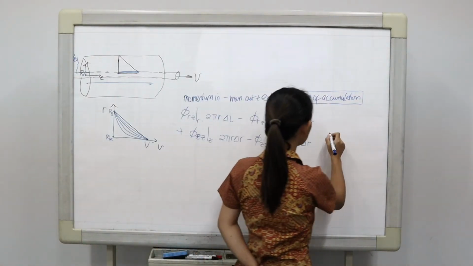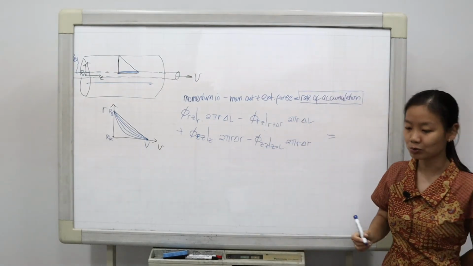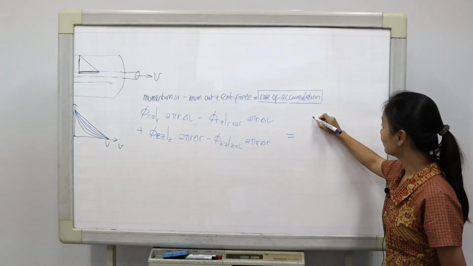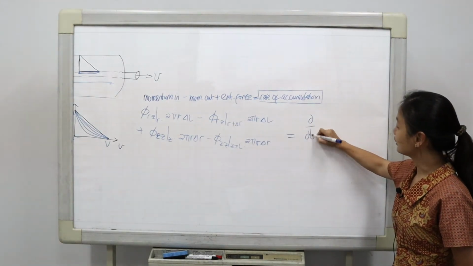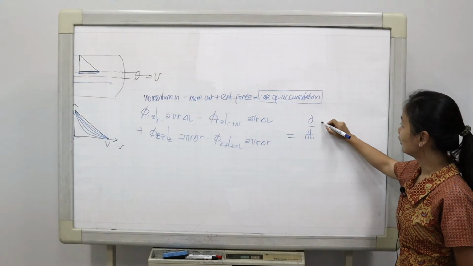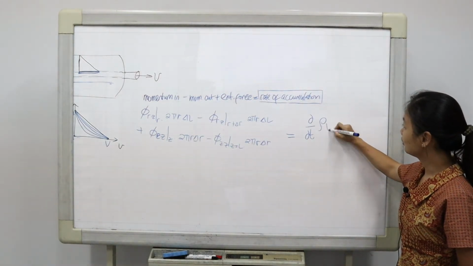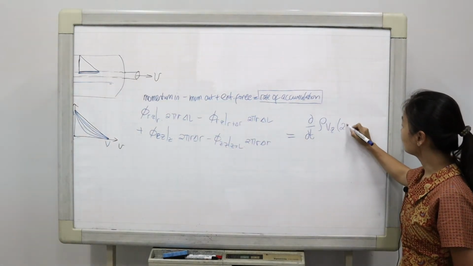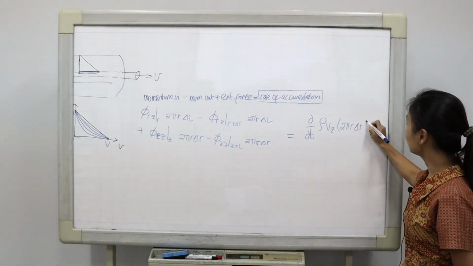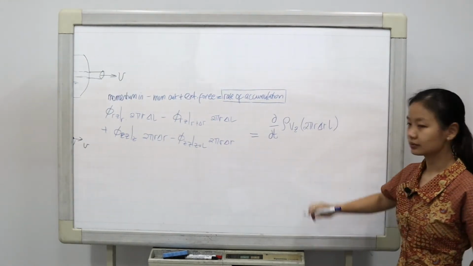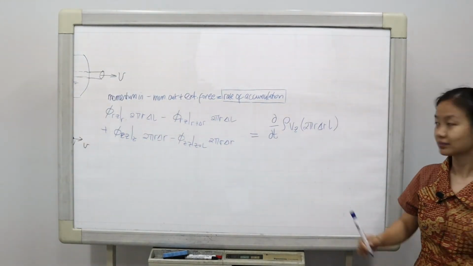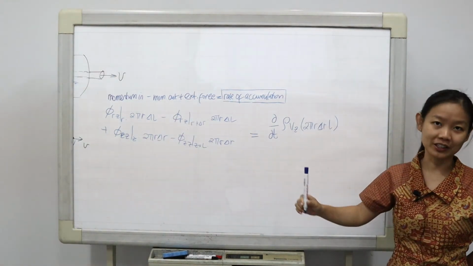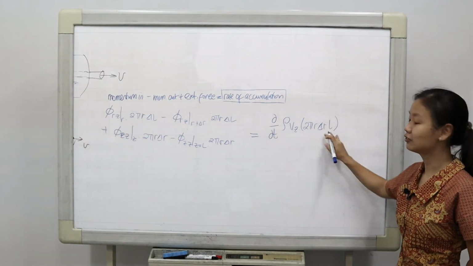This will be equal to the rate of accumulation, ∂/∂t of rho Vz times 2πr delta r L. This is the momentum concentration, and this is the volume.